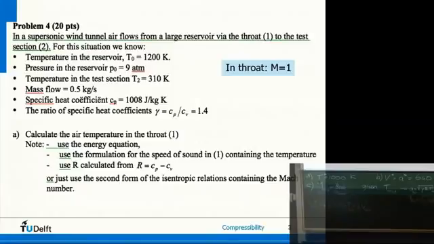Who votes for the throat? Who votes for the reservoir? Okay, more for the reservoir.